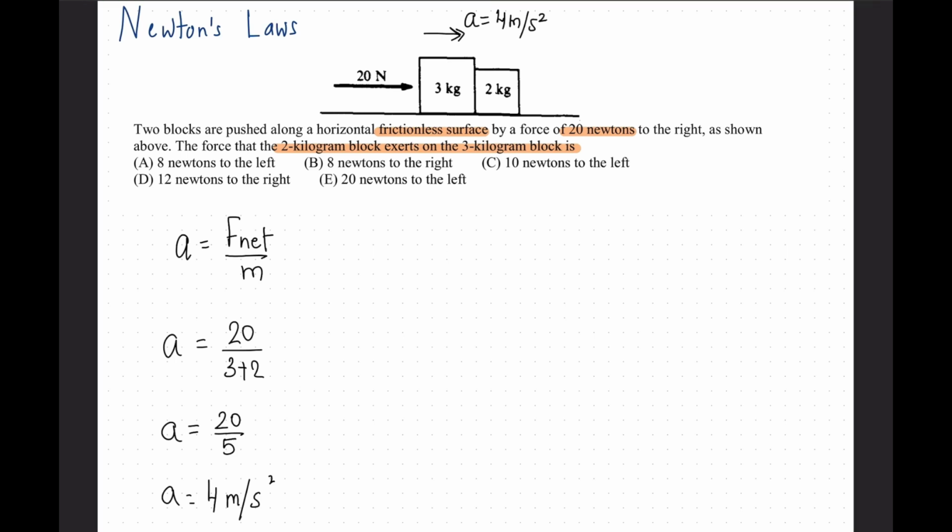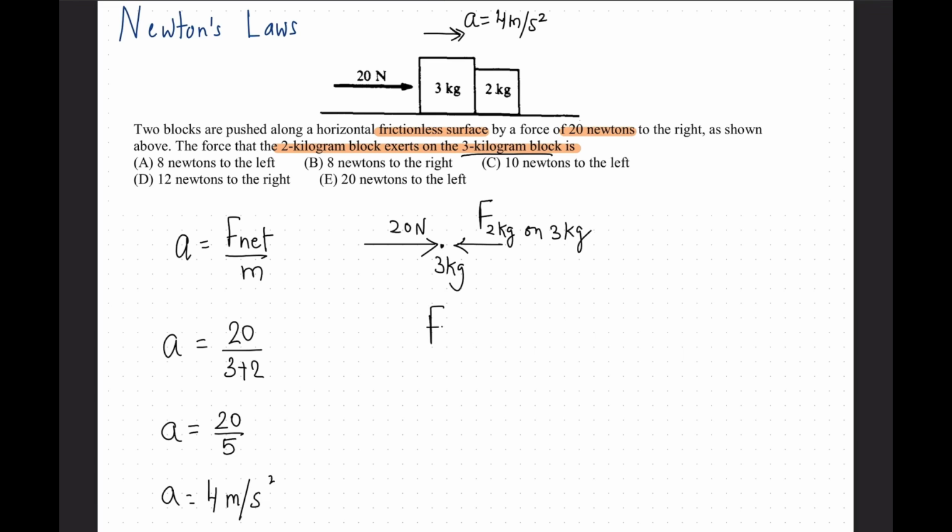Now we want to find out what's the force exerted by the 2 kg block on the 3 kg. So if I want to draw the free body diagram for the 3 kg mass, this is our 3 kg mass, it experiences a force of 20 Newton to the right, as well as the 2 kg block will push it to the left. So this F is the force of 2 kg on the 3 kg block.